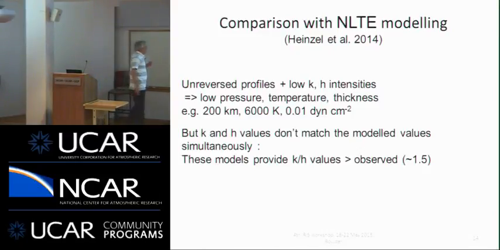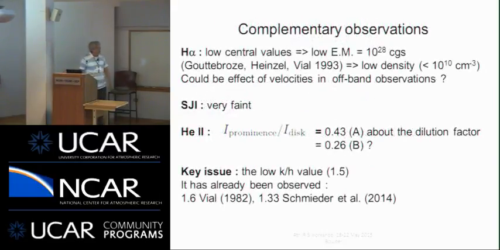But the point is that when we look at these models, the K and H values don't match the model values simultaneously for a given model. In other words, the K over H value is larger than the observed one, within, of course, the precision of that. So we also try to use complementary observations.